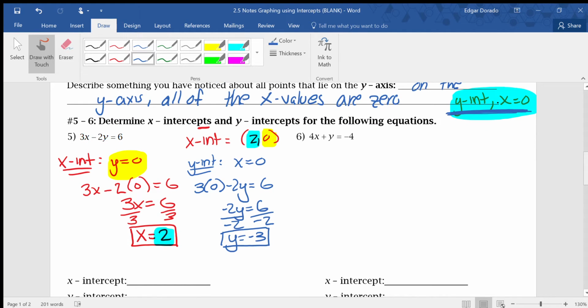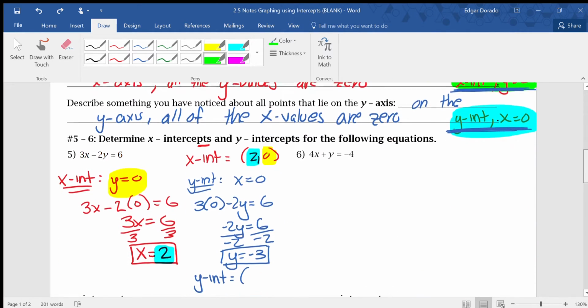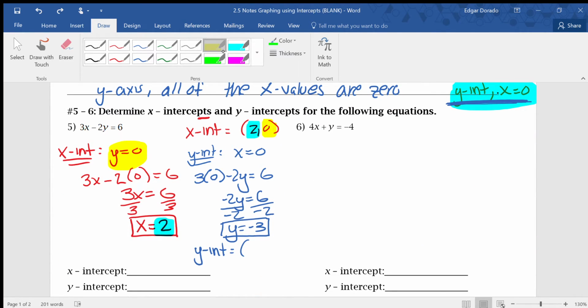Let me scroll down for just 1 second. So we have that our y-intercept equals, well, again, what did we do? We substituted in x equals 0, so 0 for x, so that's what I'm going to go ahead and write there. And then my result was y equals negative 3.